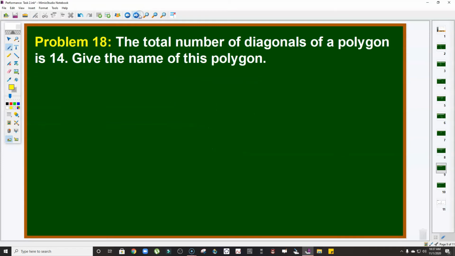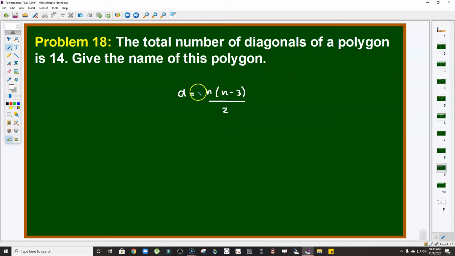Okay, third to the last, item number 18. The total number of diagonals of a polygon is 14. Give the name of this polygon. Given the total number of diagonals, all we have to do is recall the formula. The number of diagonals of a polygon with n sides is given by n times (n minus 3) over 2.